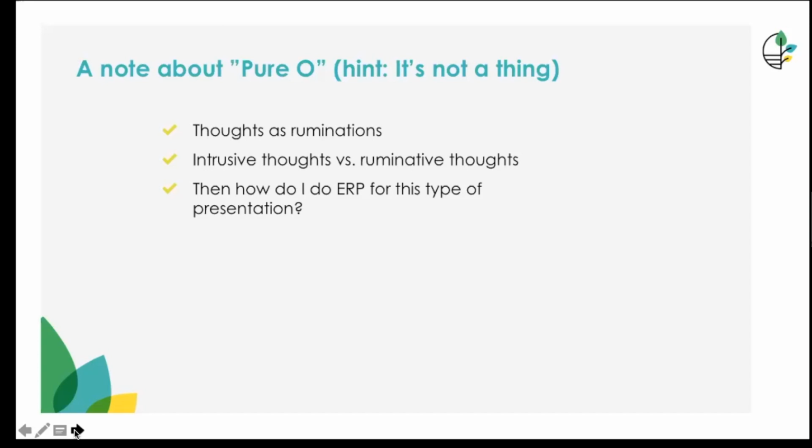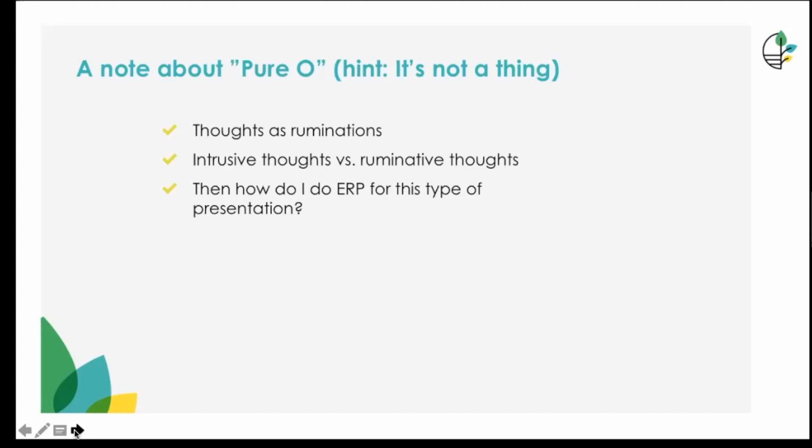If I put a math problem in front of you guys and say, okay, I want you to work through this math problem, and then halfway through I ask you to stop working through that math problem, that's something that you have control over and you're able to start and stop at will, right? That's rumination. So while you can't suppress an intrusive thought, you can actually stop or move away or redirect a ruminative thought.